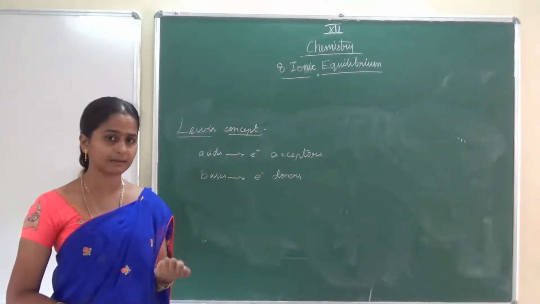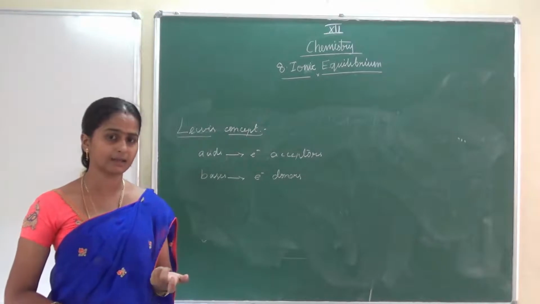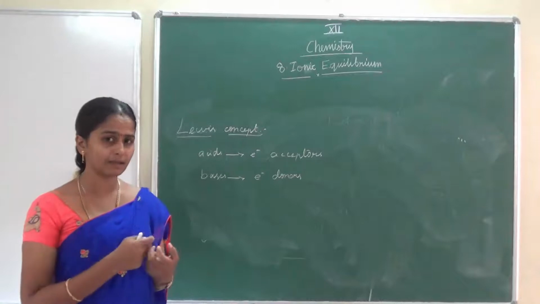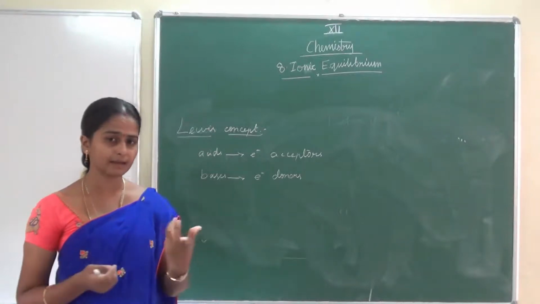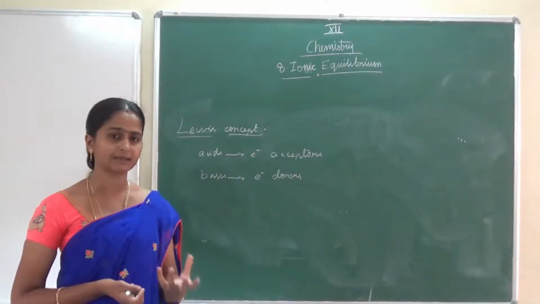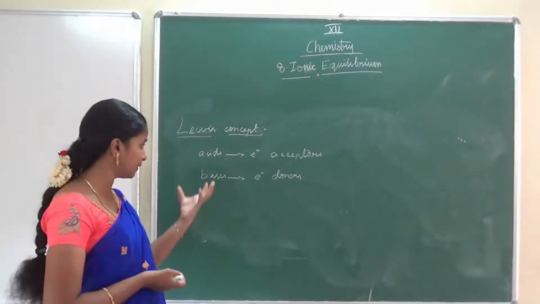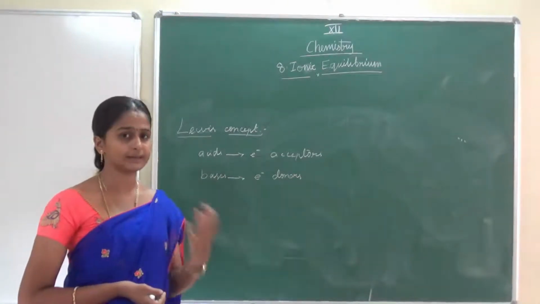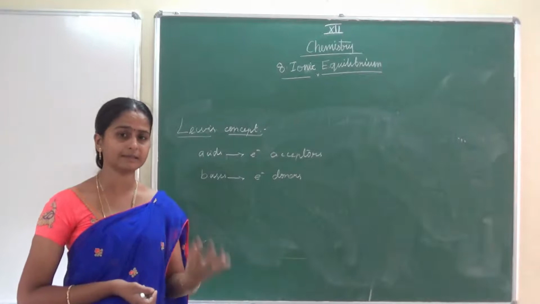Metals can accept electrons in their ionic state. Any metal which has vacant d orbitals can easily accept electrons. So metals and cations can accept electrons, so they can act as acids. They are called Lewis acids, a special name for them.